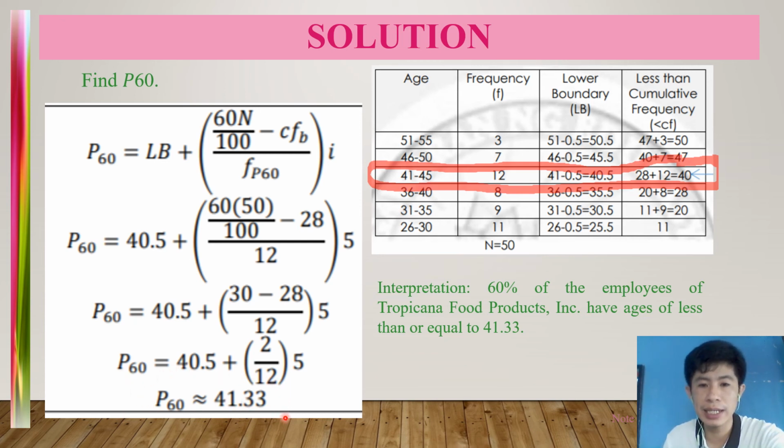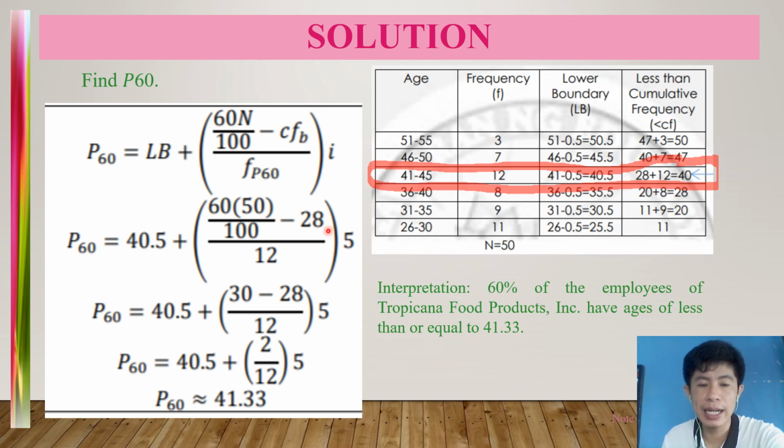Okay, take note, kanina sinabi ko na your answer must range from 41 to 45. So 41.33 is between 41 to 45. So, the answer is correct. So, this is the interpretation of this data. 60% of the employees of Tropicana Food Products Incorporated have ages of less than or equal to 41.33.